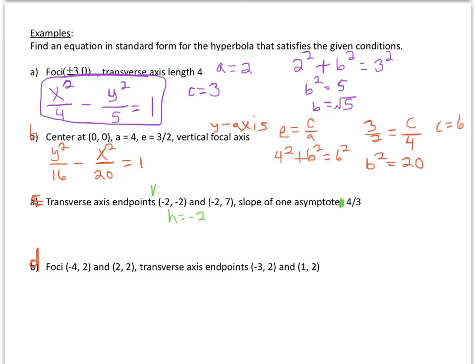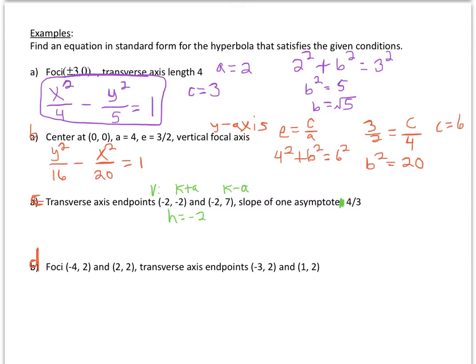k should be what's halfway between -2 and 7. Those are 9 apart, so that means that 4.5 are away from each side. So basically what I'm saying is that one of these is k plus a, and one of these is k minus a.